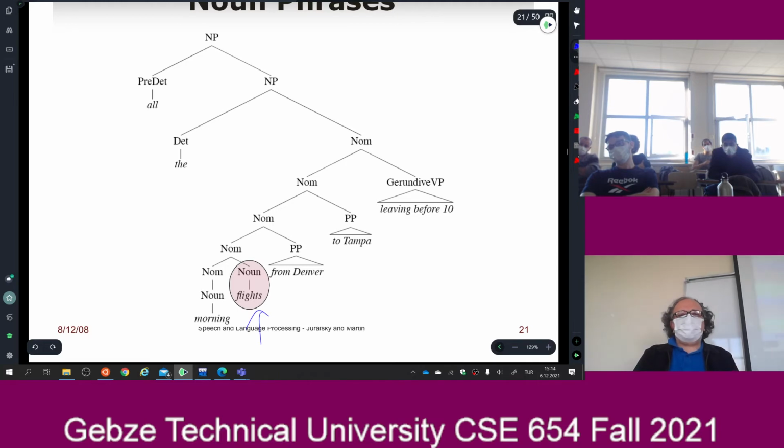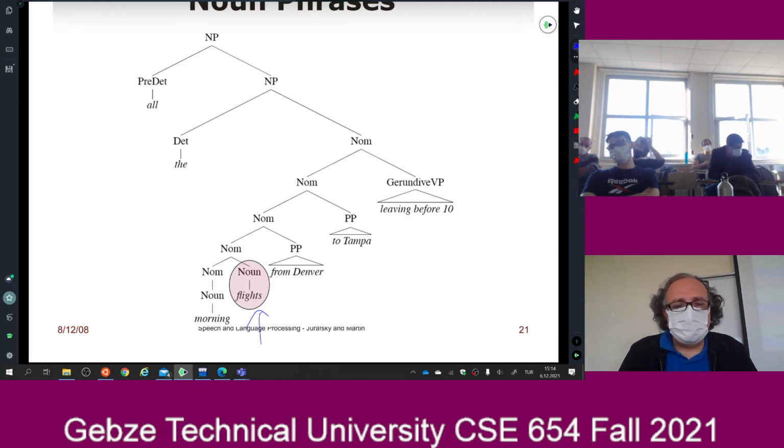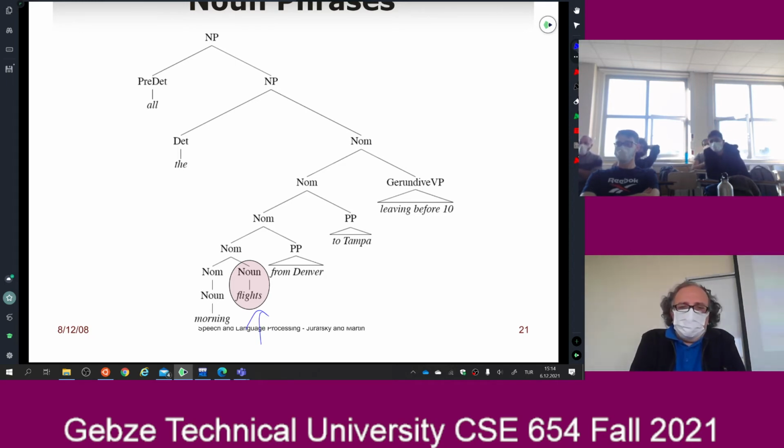This noun phrase is about flights, right? Flights are cancelled. What kind of flights? All the morning flights from Denver to Tampa leaving before 10. So context-free grammars are powerful enough to parse these kinds of noun phrases, and, well, it's a matter of writing your rules right.